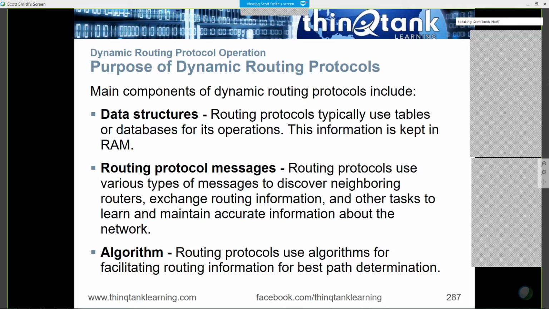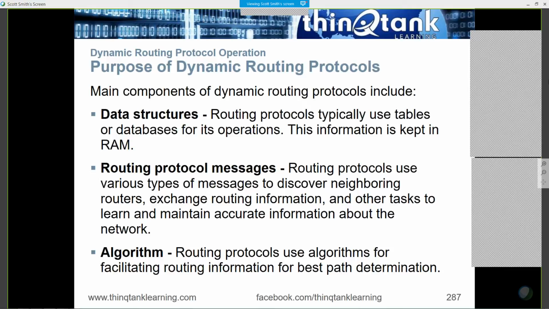But the whole point of a dynamic protocol is that not only are you learning about the best route, but you're also learning about all the other possible routes that exist, right? I mean, that's the whole concept of dynamic routing. I have more than one path to a destination. I choose the best path, but I also need to know about the other paths that exist.